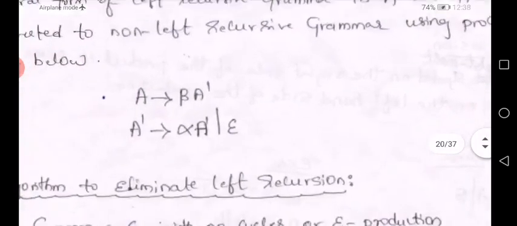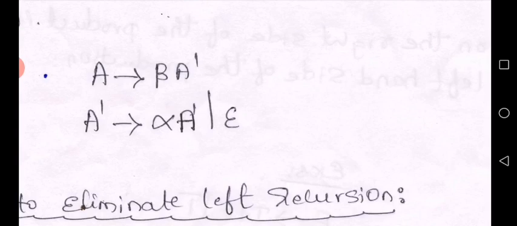The same thing we can generate here. In the first production A derives beta A dash, forget about beta and substitute A dash as alpha A dash. Then you get beta alpha A dash. The second time you get beta alpha alpha A dash. You can apply it as many times as you want.